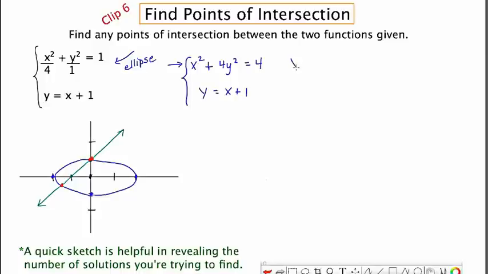So I'm going to have now x squared plus 4y squared equals 4. And you'll notice I've left a blank space for the y, and this new expression for y is x plus 1. This is going to require some FOILing, and I'm going to hold back from doing too much in my head at once.